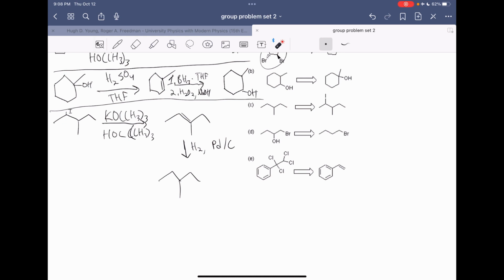So the double bond will be in a more stable position whenever it's connected to the more substituted carbon. So, like, let's say if we were to draw it here, each carbon on the corner would only have like one thing connected to it.